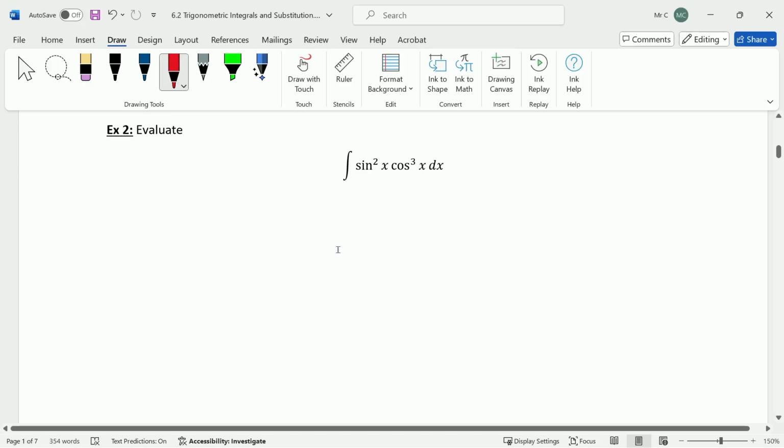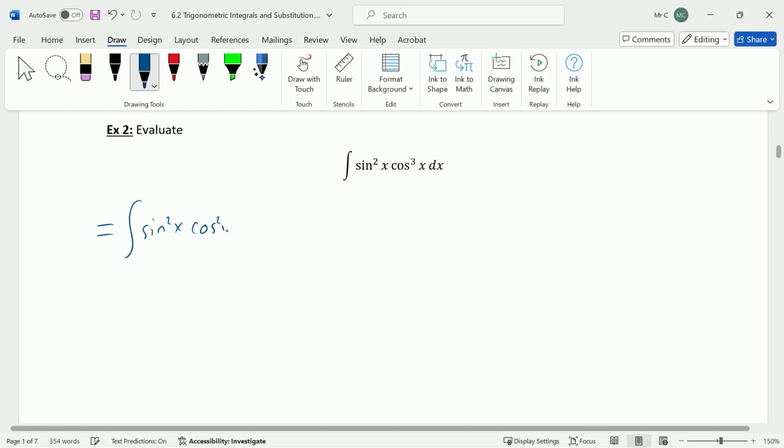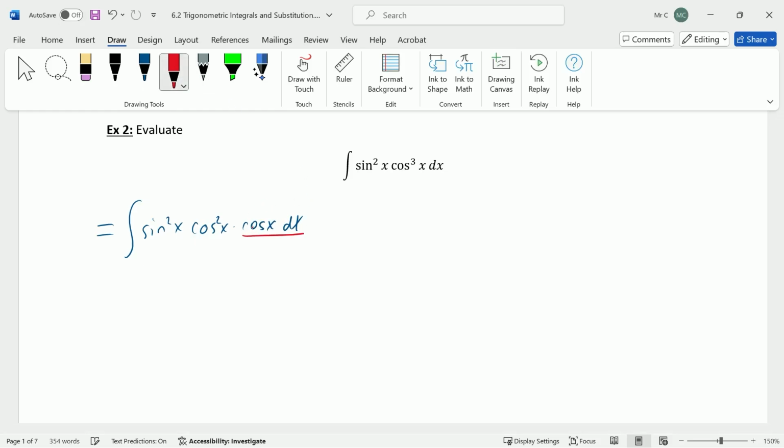Let's see, so sine squared of x times cosine cubed of x dx. So cosine has the odd power, so that's the one that I can pull a factor off of. So I'll rewrite this as sine squared of x times cosine squared of x times cosine of x dx. And remember, this expression is what I'm trying to make my du, right?